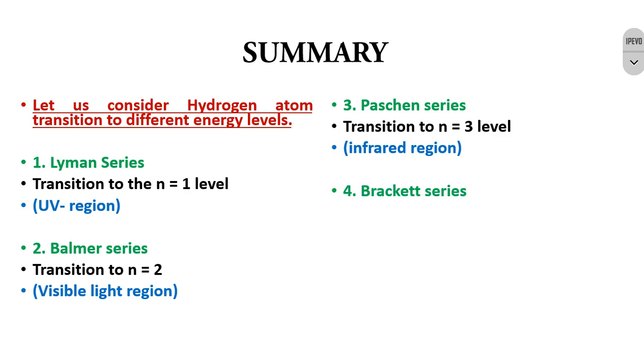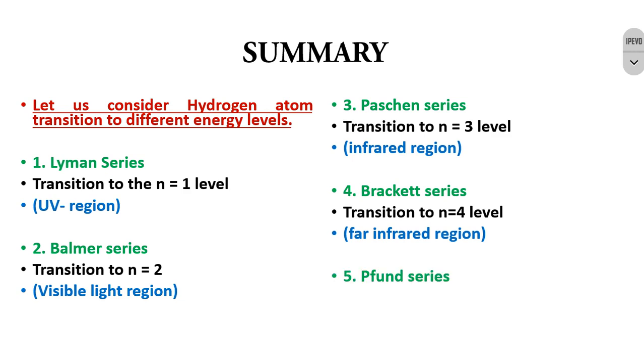For the Brackett series, the vertical lines terminate at n equals 4, which is the infrared region. In this case, you can just say far infrared region, but it's still infrared region. The same thing with the Pfund series. The vertical lines terminate at n equals 5, which is the infrared region as well.